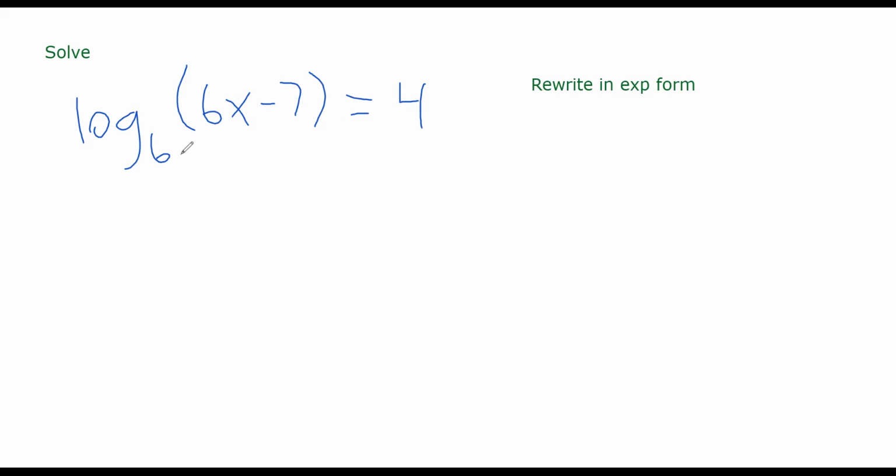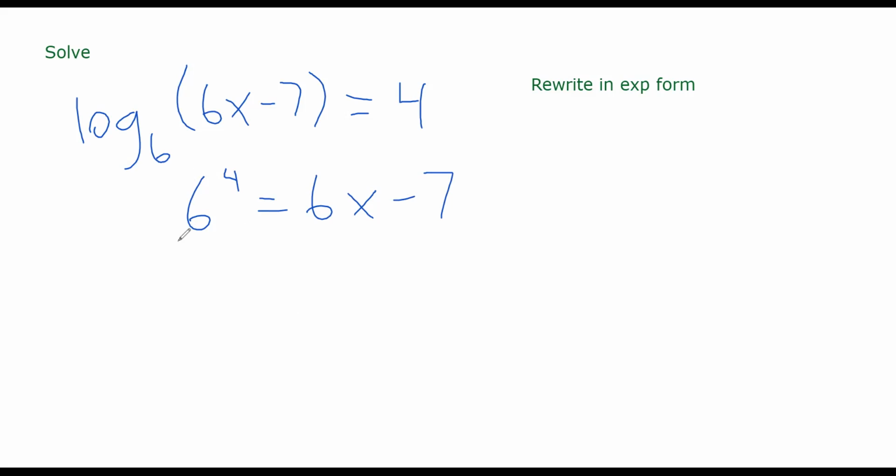So rewriting in exponential form, that's going to be 6 to the 4th equals 6x minus 7. And now what we'll see is this one's going to go easily. All we've got to do is figure out what 6 to the 4th power is.